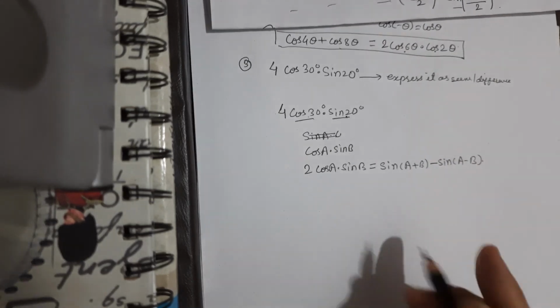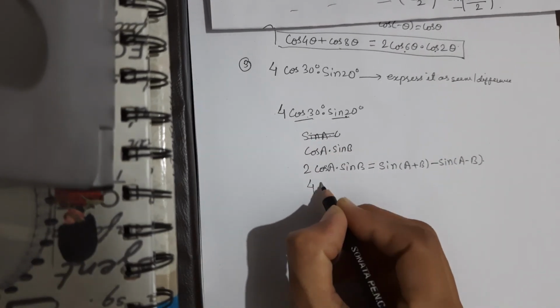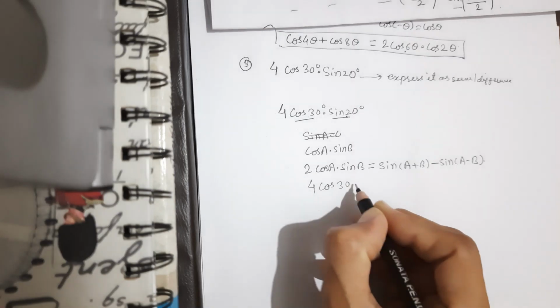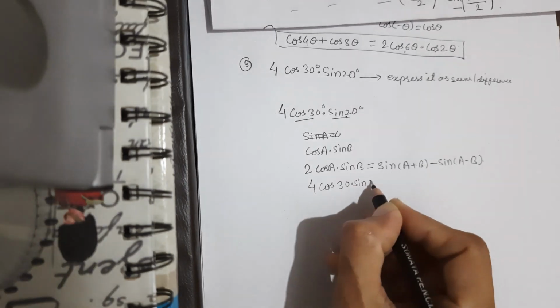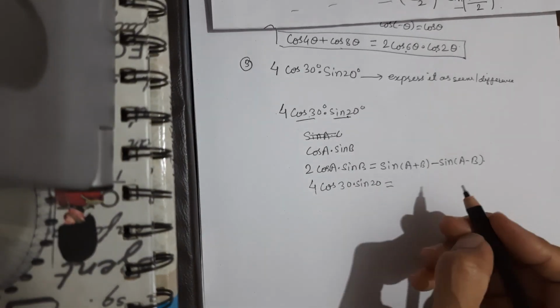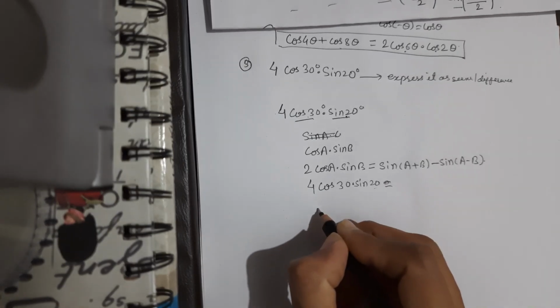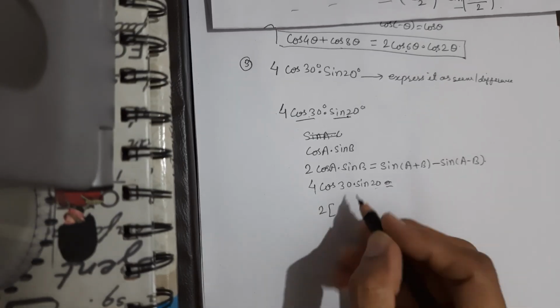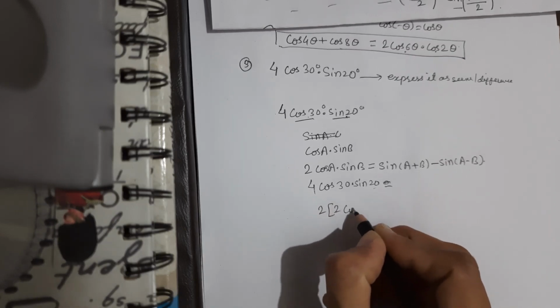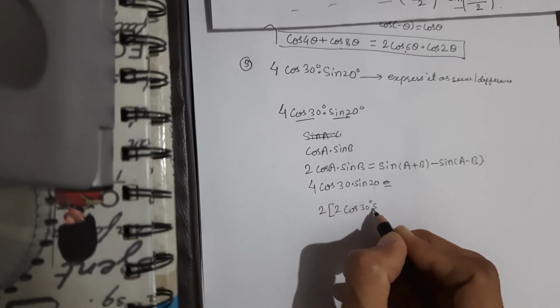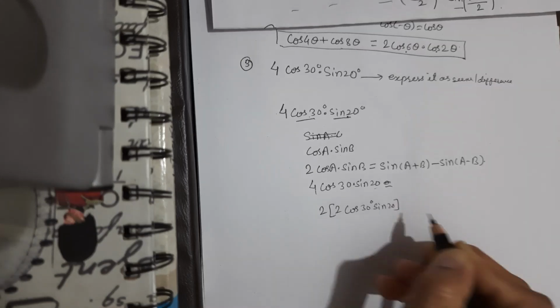Now this 4 cos 30 into sin 20, I can write as 2 into 2, so 2 times 2 cos 30 into sin 20.